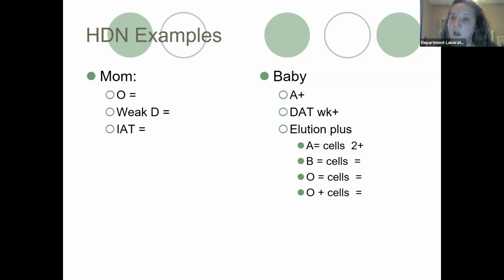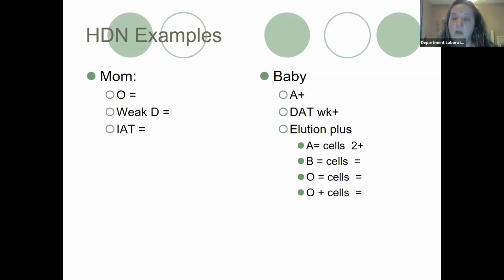Number two, if mom is Rh negative, does she have anti-D? Okay, and that will let us know if hemolytic disease of the newborn is due to anti-D. If she's type O or any other type and her IAT is positive, then that means mom has a circulating antibody. What is the antibody? Is it able to cross the placenta, and is it causing hemolytic disease of the newborn?